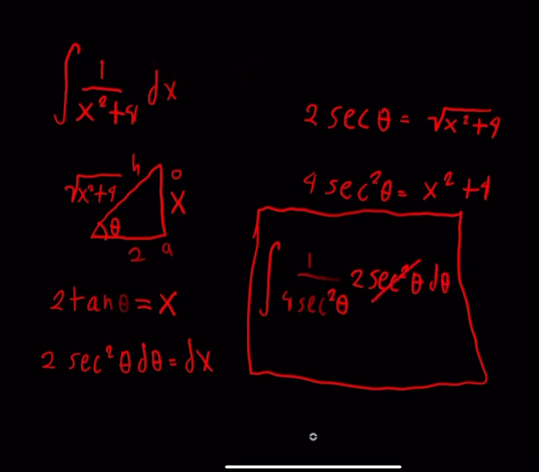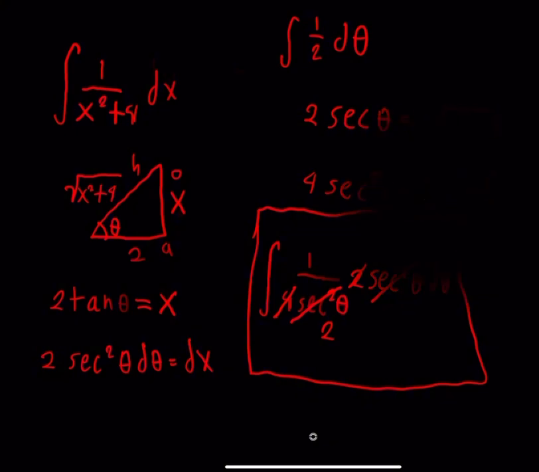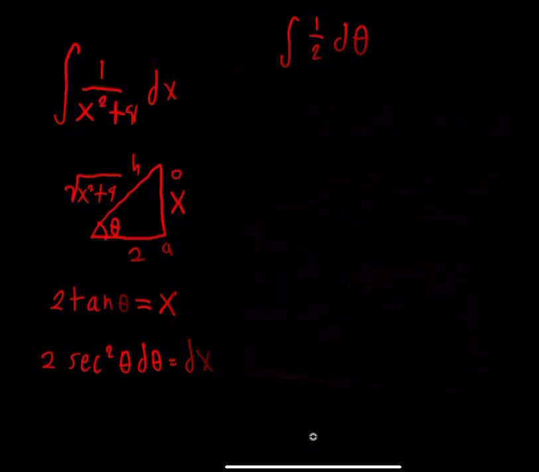We cancel secant squared with secant squared, 2 with 4, we get 1 over 2, which is going to be the integral of 1 over 2 d theta, which is 1 over 2 theta. Let's erase these. It's going to be 1 over 2 theta.